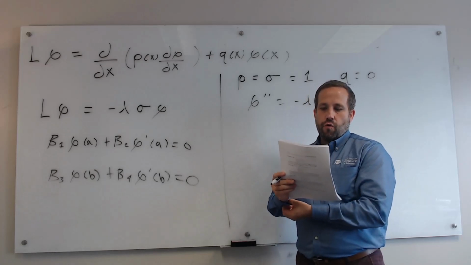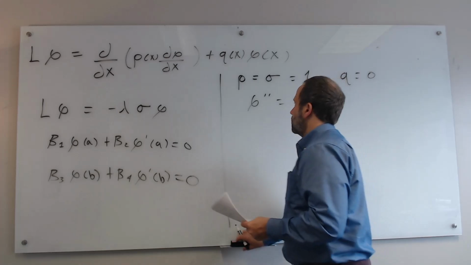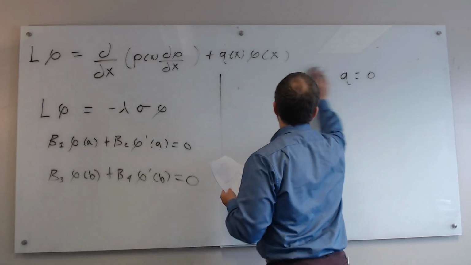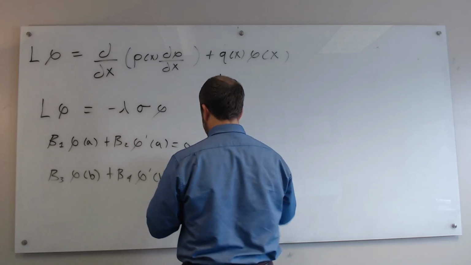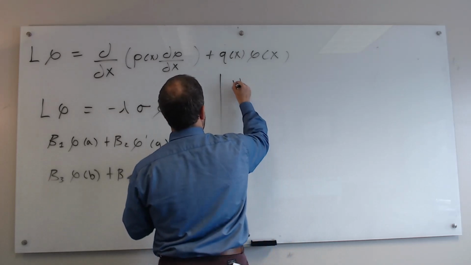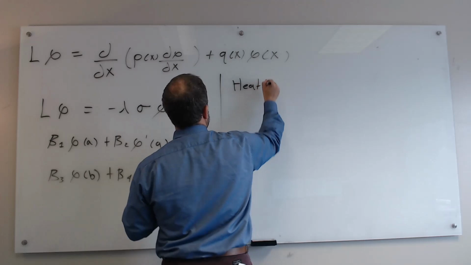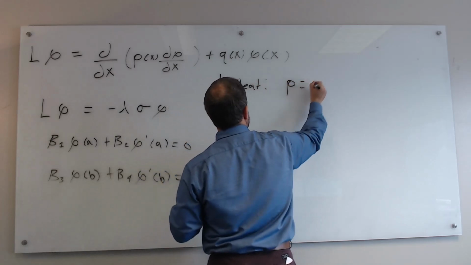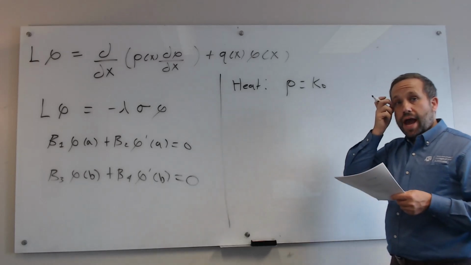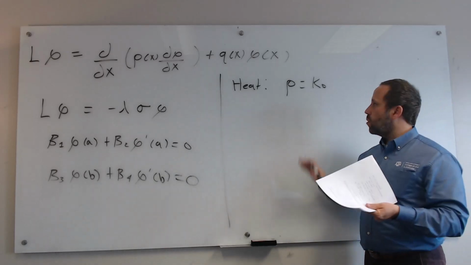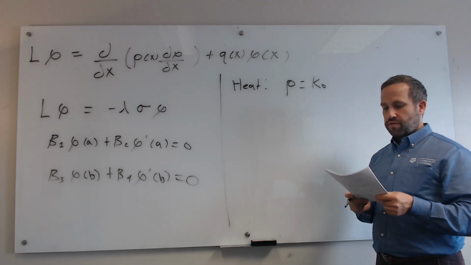Okay, so for the heat equation, this is just something we've seen before. For the heat equation, or the diffusion equation, P is equal to K naught, which is the diffusion coefficient. And remember that when we derived the heat equation, that was assumed to be a positive quantity.